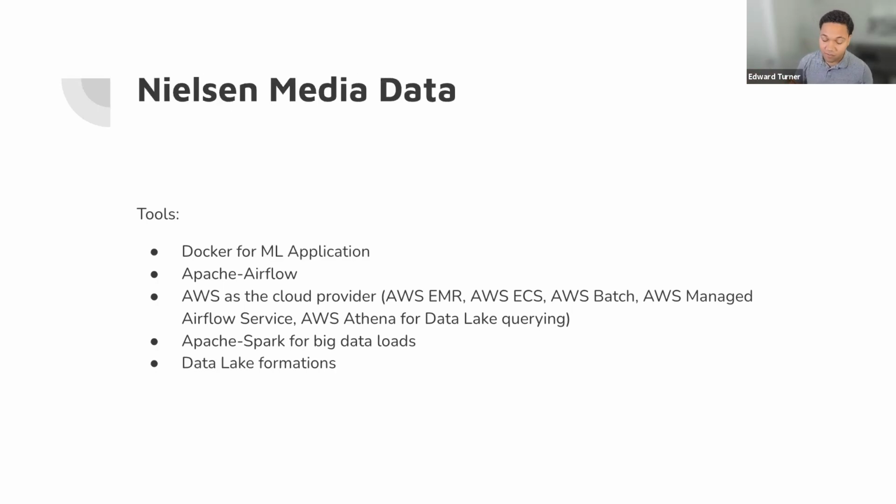And then we also have Nielsen media data. I was part of the data integration team for some time. And so there we focus on Dockerizing an ML application, which I manage directly. We also orchestrated our tasks using Airflow. We use AWS as the main cloud provider. We use Apache Spark for all of our big data loads, more specific towards our feature engineering.